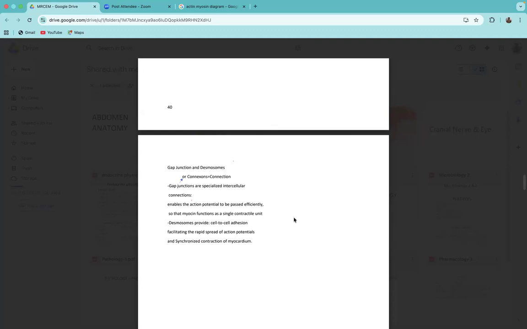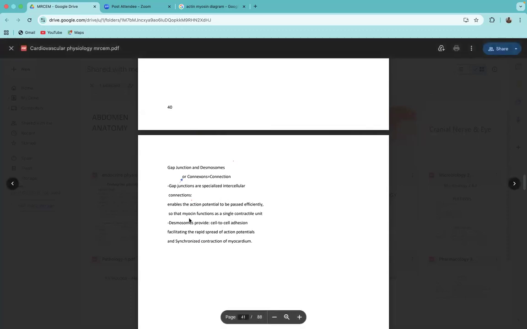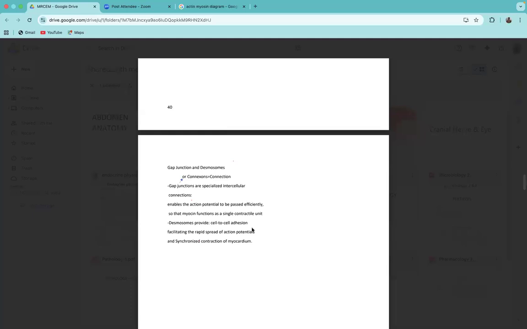The desmosomes provide cell to cell adhesion, and these gap junctions are present, so there will be contractility, and this is also a specialty of the cardiac muscle. The desmosomes provide cell-to-cell adhesion, facilitating the rapid spread of action potential and synchronized action of the myocardium, which in the whole heart acts as one cell, which is also known as the syncytium as well.